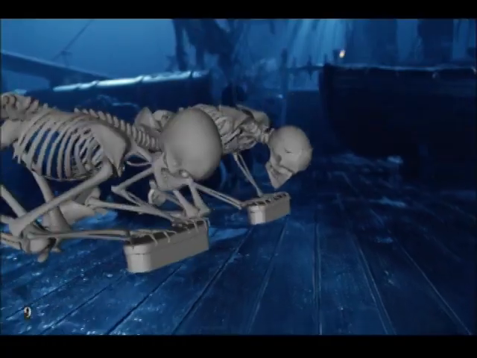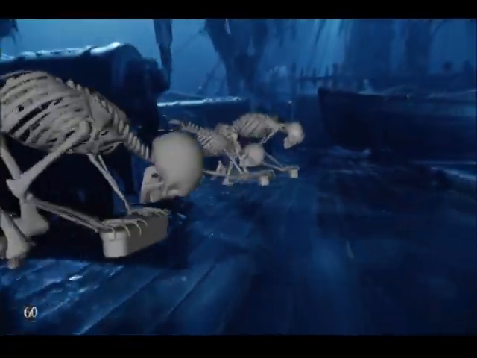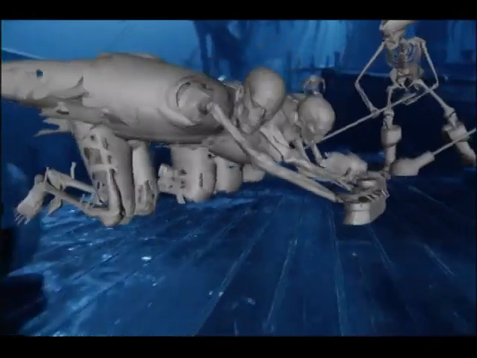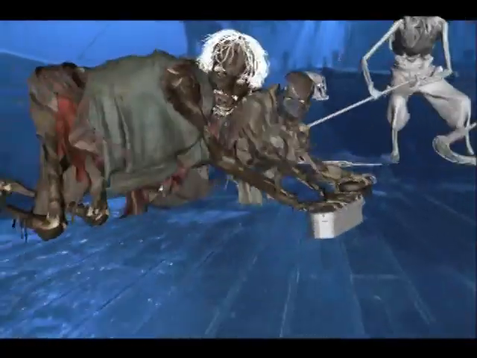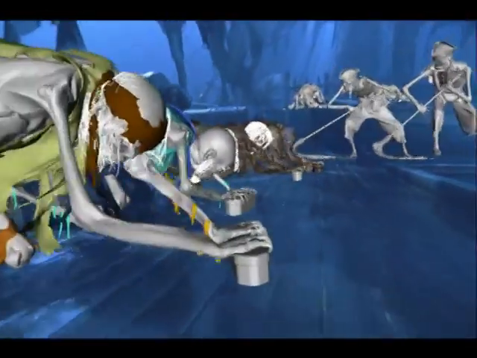We can see the relative brightness between their skin and their clothes and where the light is coming from. And then with the clean plate, it's much easier to remove those actors and put our computer-generated pirates in place of them.